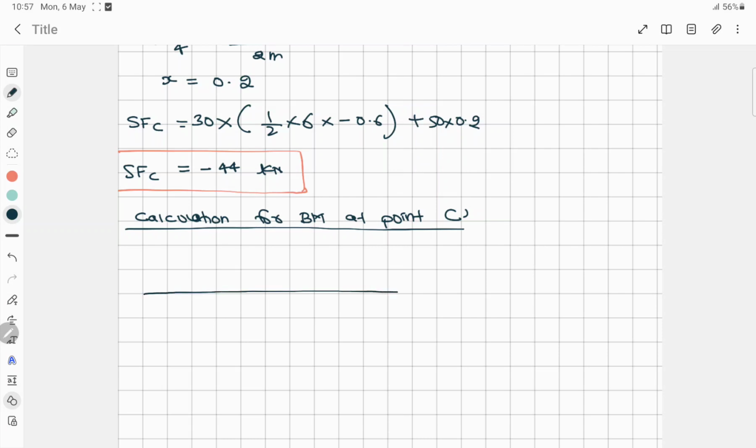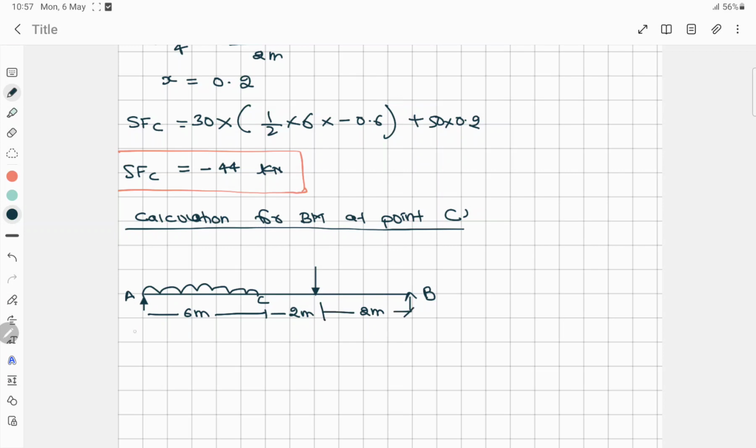So this is RA and RB, and one point load was there, and from here one UDL was acting. This is A and this is B and this is C. The distance from here to here is 6 meter, and it's 2 meter, and it's also 2 meter.